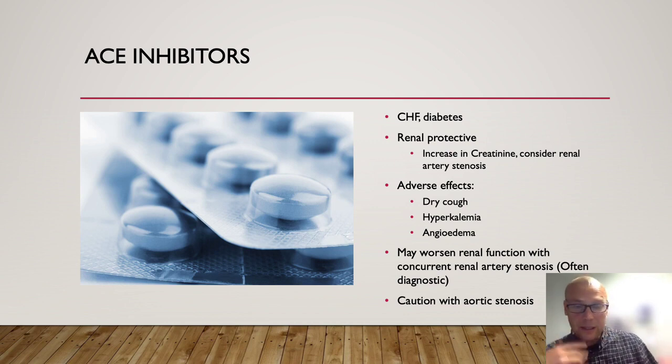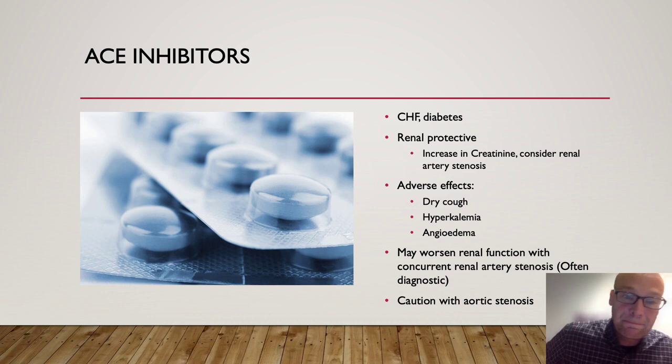Typical adverse effects, and we've all seen this, dry cough, which happens all the time. One thing to always consider, though, is hyperkalemia. These patients will hold on to potassium. So if you put them on something like lisinopril, and then somebody puts them on spironolactone, which is a potassium-sparing diuretic, you may see very high levels of potassium, which can lead to cardiac arrhythmias, cardiac issues, other renal issues, those kinds of things.